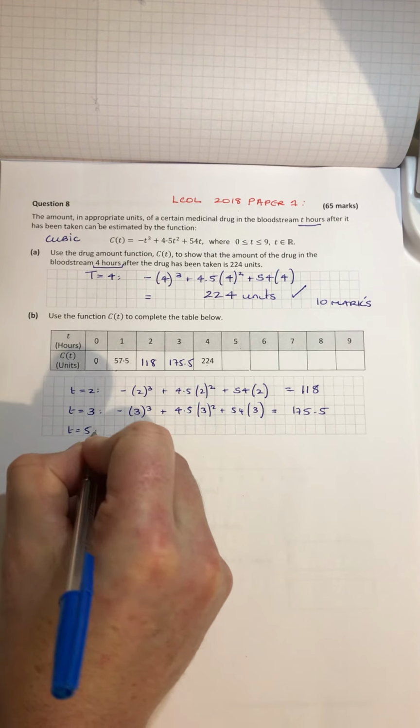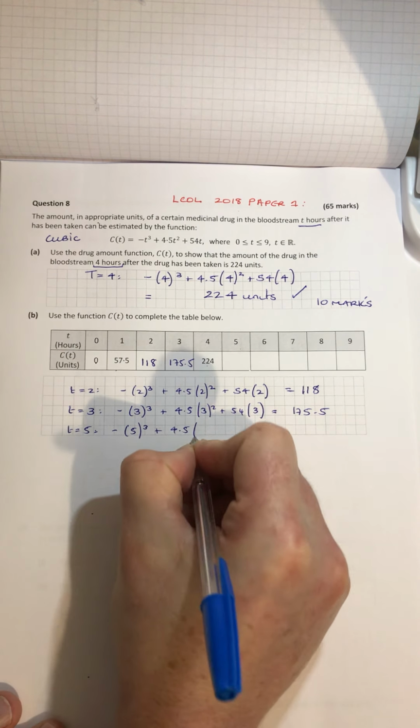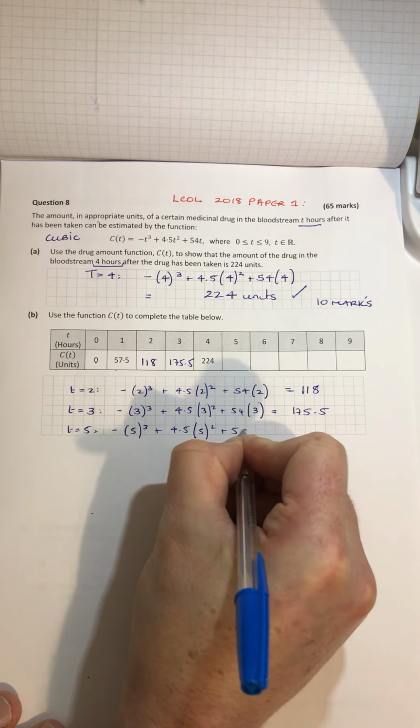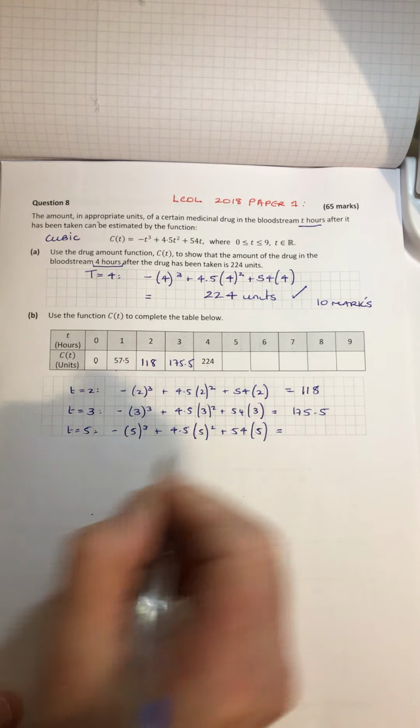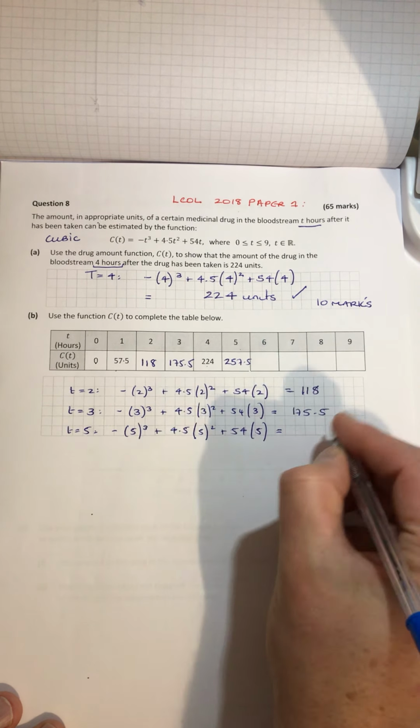When t is 5, plus 4.5 times 5 squared plus 54 times 5 is equal to 257.5.